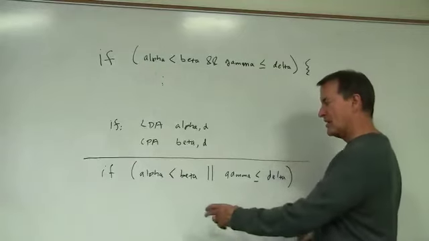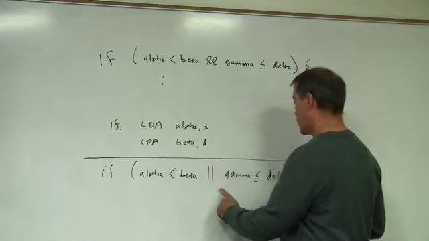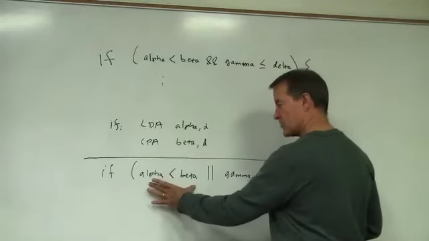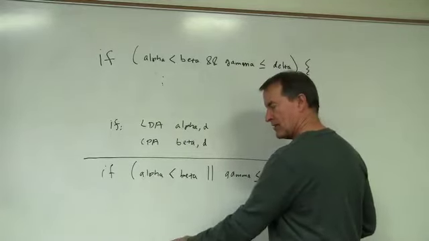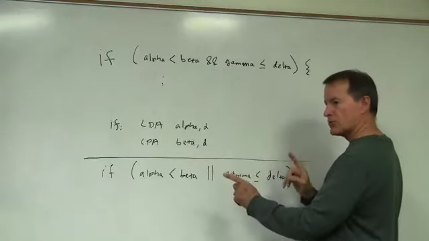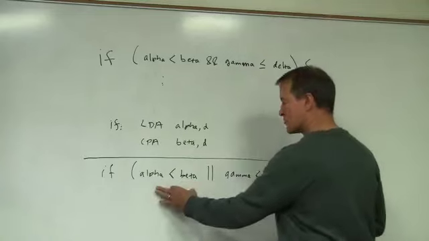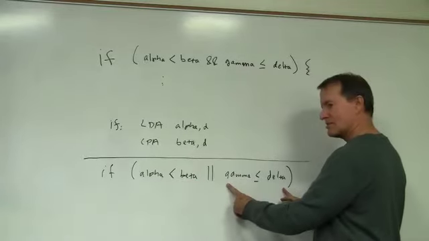Let's review it again. If this is true, then you don't have to test this. If this one's true, you do the if part. We don't deal with any ORs in this assignment, right? No. But what I'm saying is you have to implement short circuit evaluation. So if this is true, you don't have to do this test.